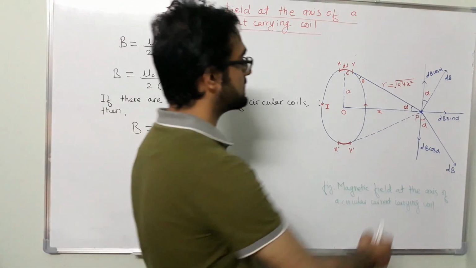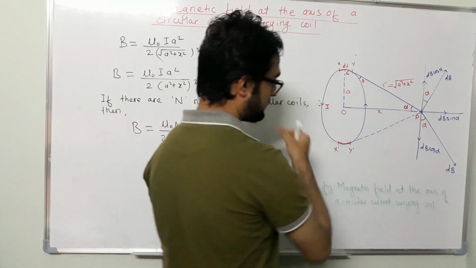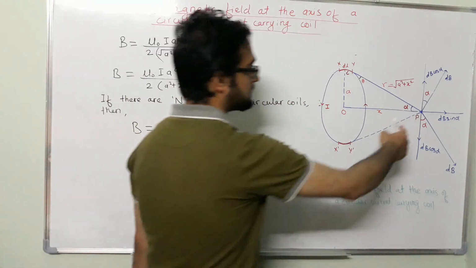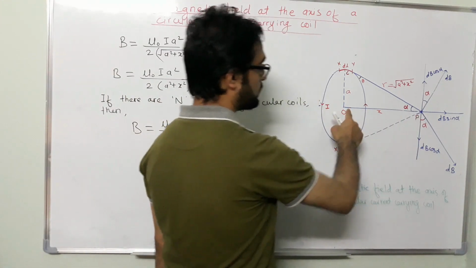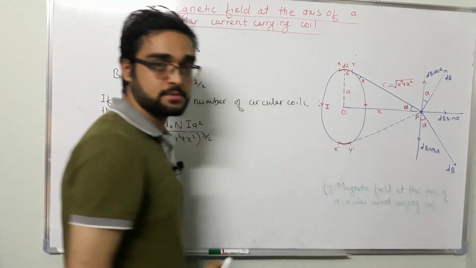Now let's see if this point P lies at the center of this circular coil. That means this point P lies at point O. Then the value of x becomes 0.